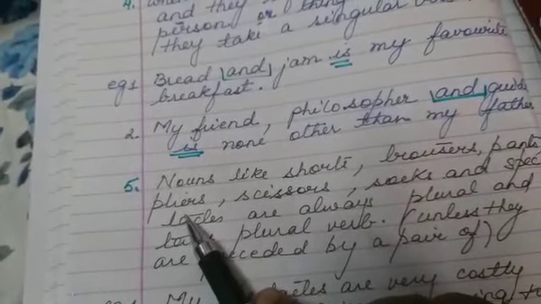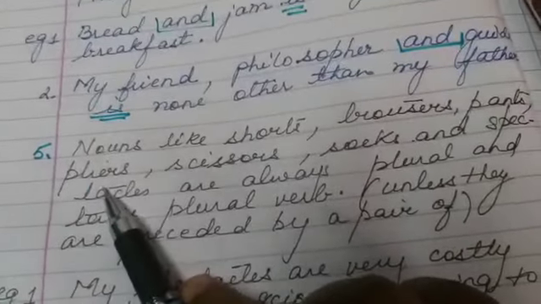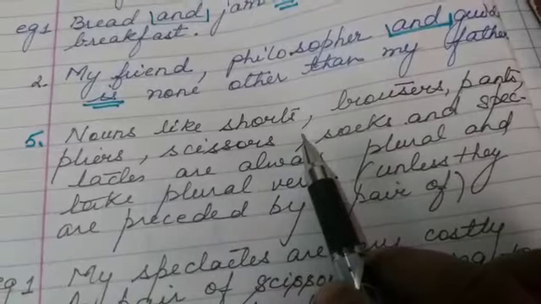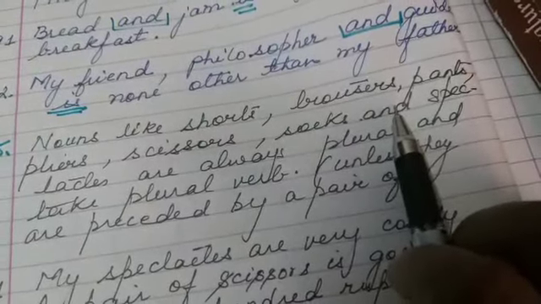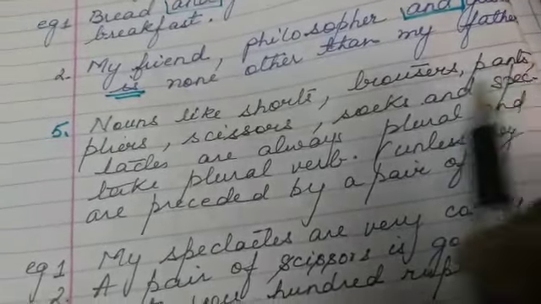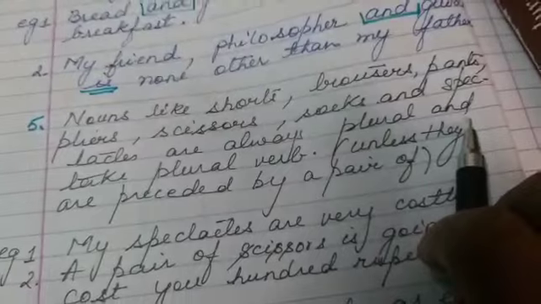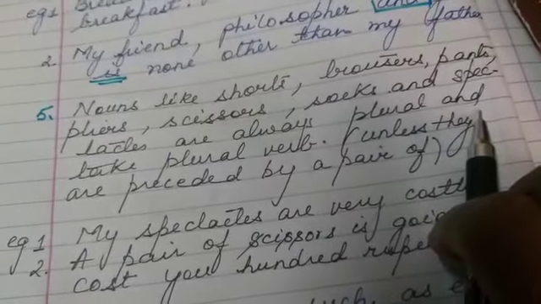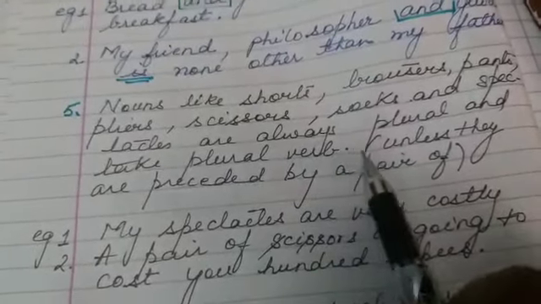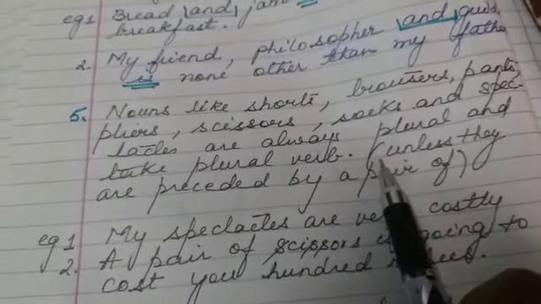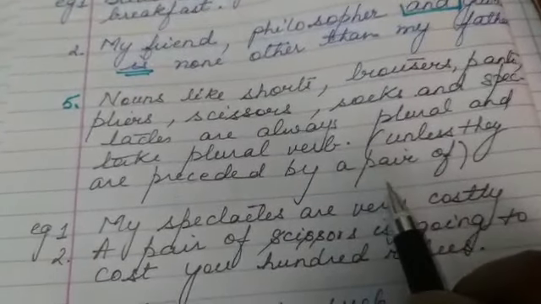Now next, fifth rule. Nouns like shorts, trousers, pants, pliers, scissors, socks and spectacles are always plural and take plural verb. But we see sometimes they take singular also. When?